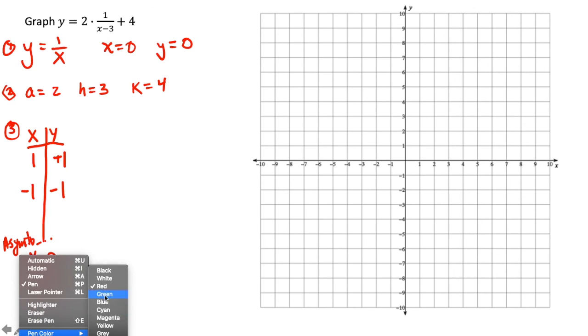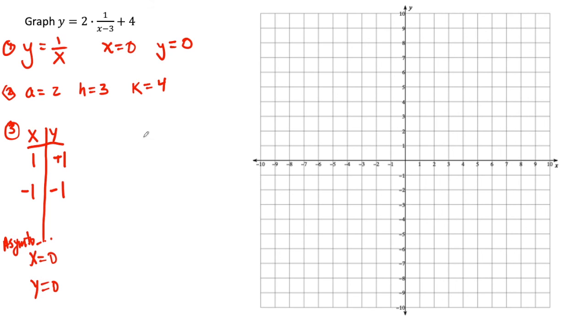So our transformation is going to take all my x values and I'm going to add 3 to them. And all my y values, I'm going to multiply by 2. So 2 times y, and then I'm going to add 4 to them. So when I plug in a 1, I'm going to get a 4, and then 2 times 1 is 2 plus 4 is 6, my new y value.